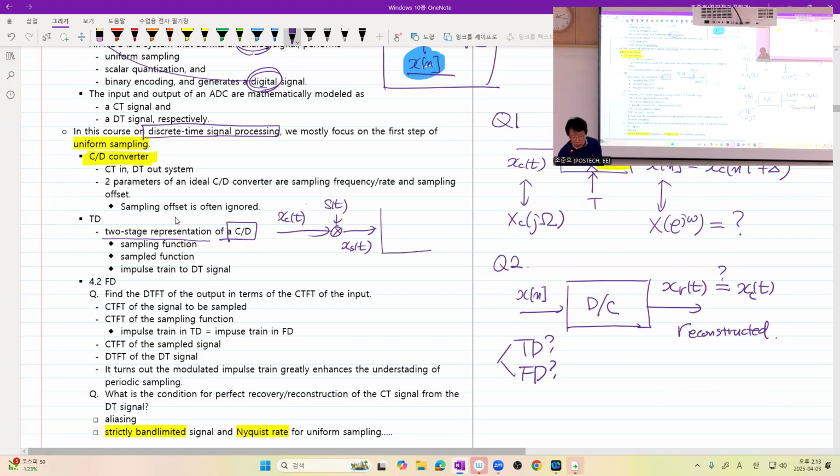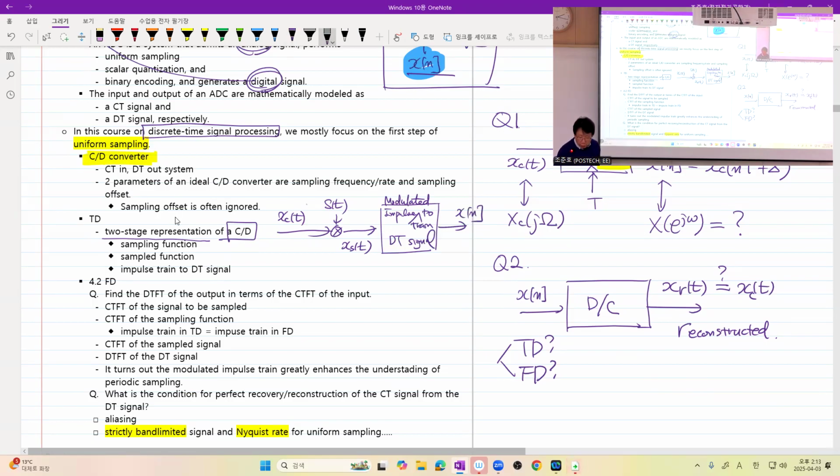And here goes some strange box saying impulse train to DT. Actually, modulated impulse train to discrete time signal, precisely speaking. Modulated impulse train to DT signal converter. And here goes x[n].